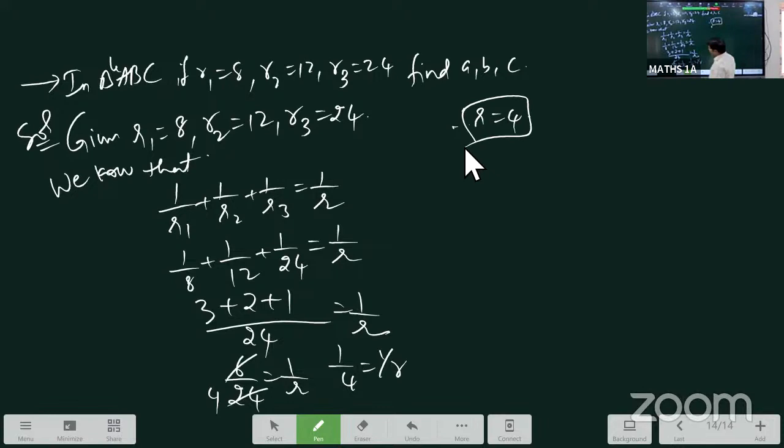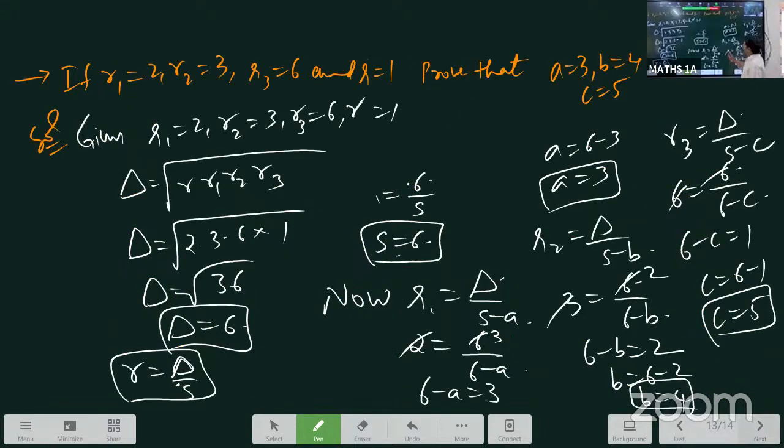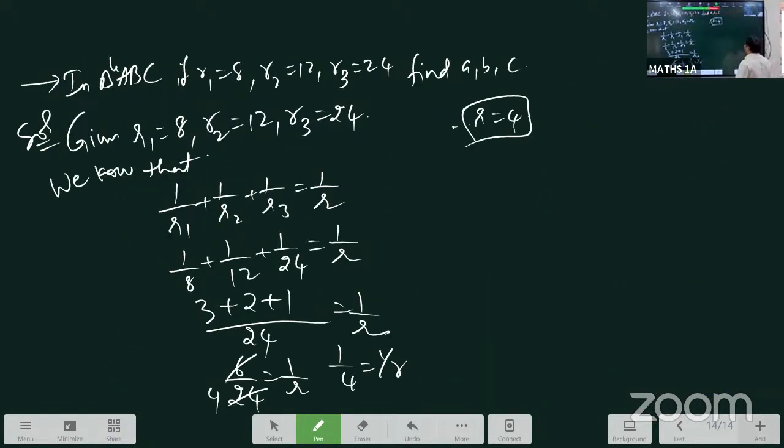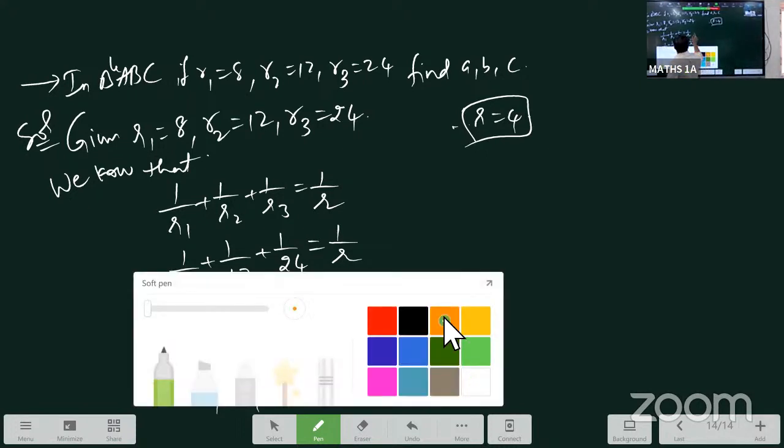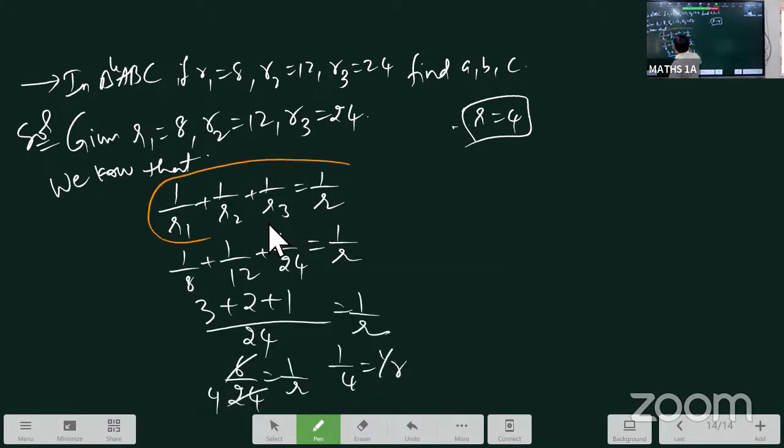See, in the previous problem, your R1, R2, R3, r was given. Now, in this problem, only R1, R2, R3 are given. I got r by using this formula. Yes, I got r. Once I got r, now same approach, same steps.